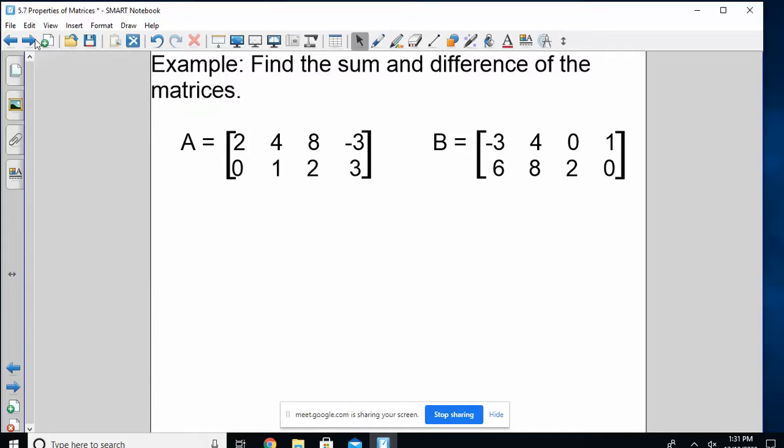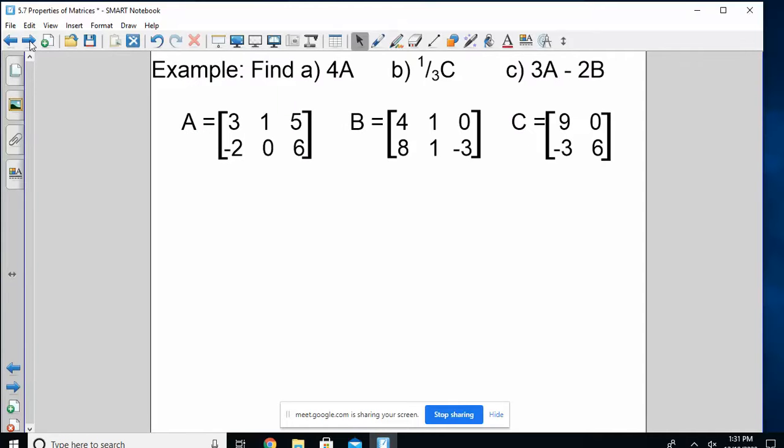All right. So far, so good? Okay, so we're going to do a couple different operations on this problem.